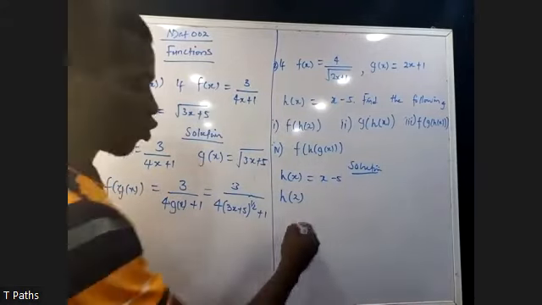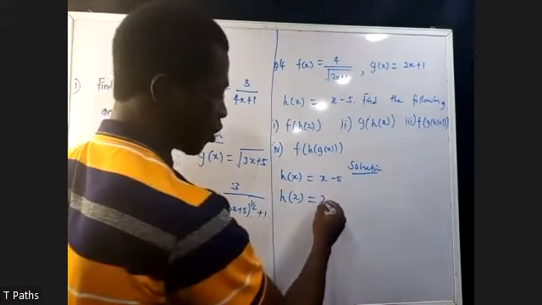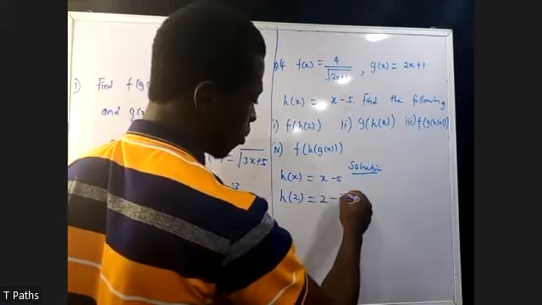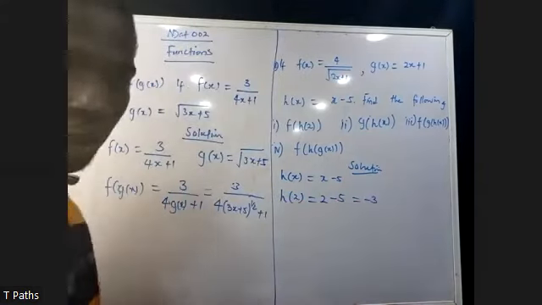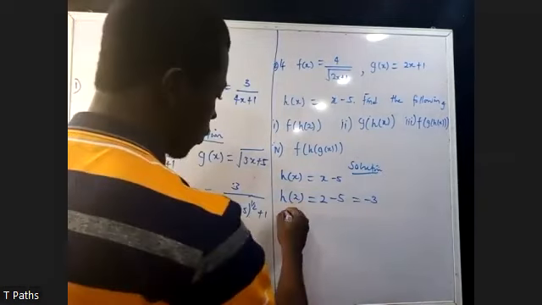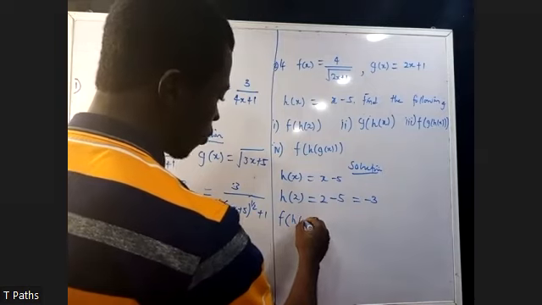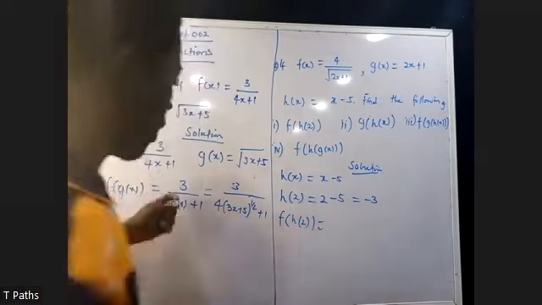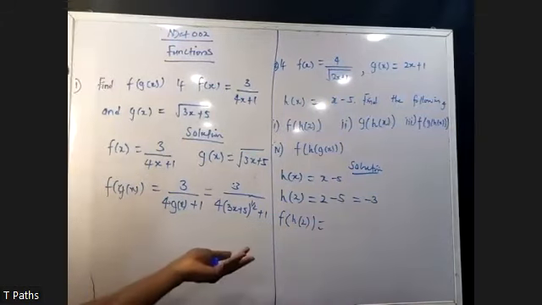So when I put 2 here, the implication is that my x is going to change to 2, and this one will now be 2 minus 5, and that will give me minus 3. Is that clear? So after doing that, I will put it here now. I have f of h of 2. And like we did in example number 1, I'm going to replicate the same thing in example number 2.